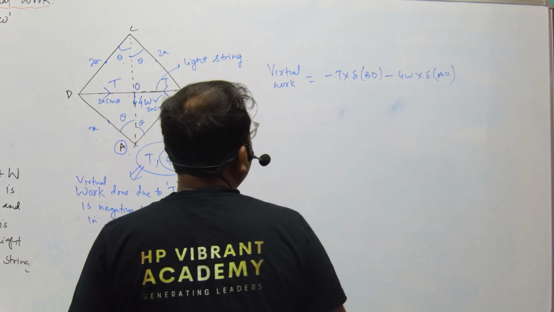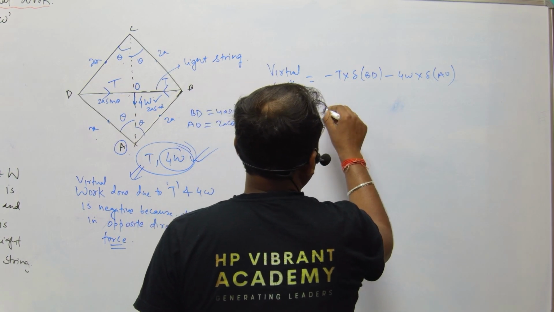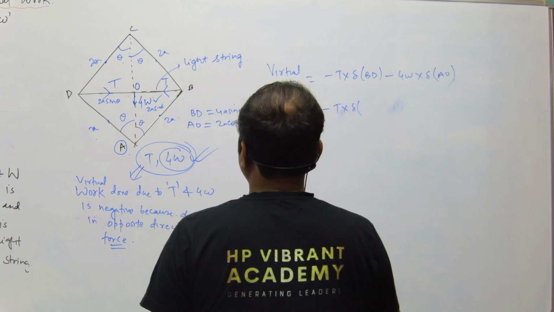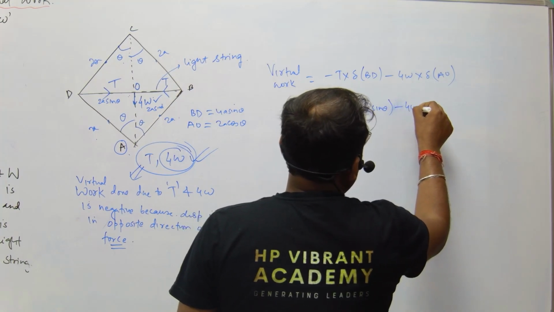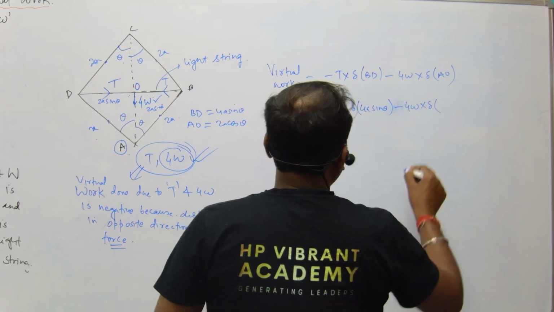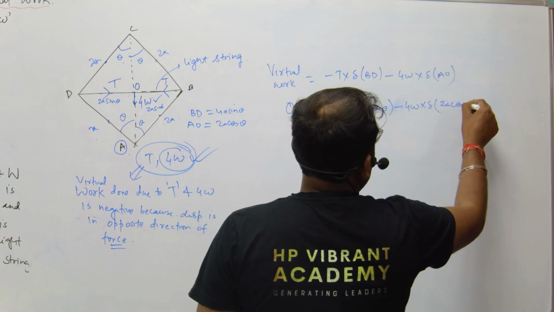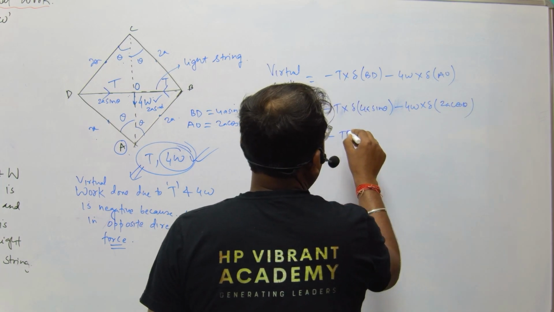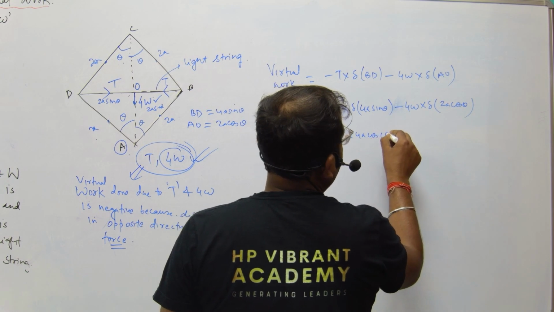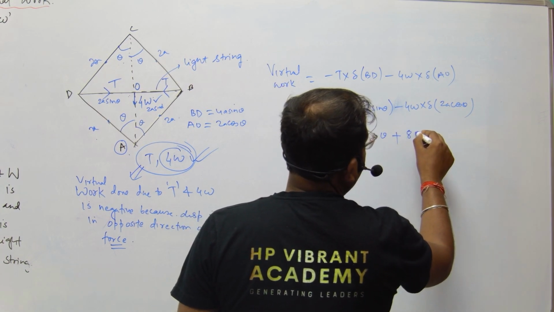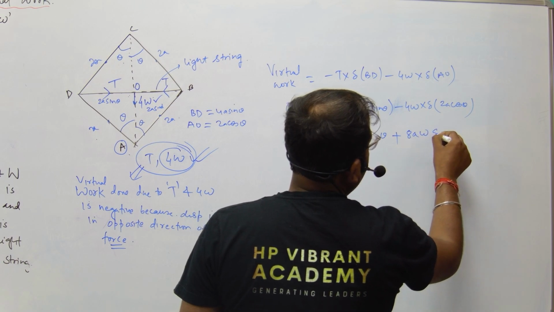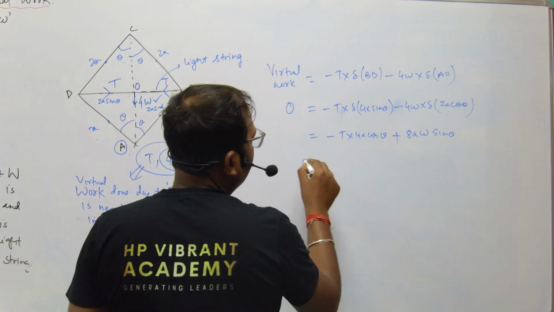As per the principle of virtual work, this value is 0. So 0 is equal to minus T times change in BD, where BD is 4a sin theta, minus 4W into change in AO, where AO is 2a cos theta. This is equal to minus T times 4a cos theta plus 8aW sin theta. This is 0.